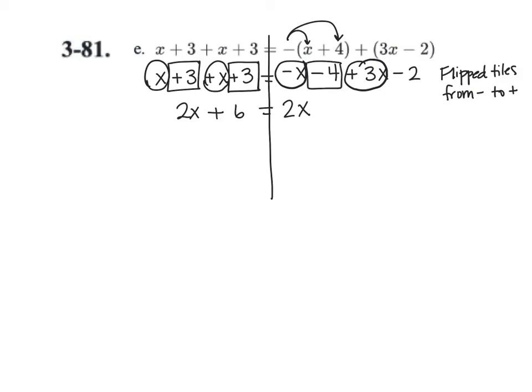And then negative 4 minus 2, or 4 negative tiles and 2 negative tiles, is 6 negative tiles. So again, here I combined my like terms. Could also say that you removed a zero pair.